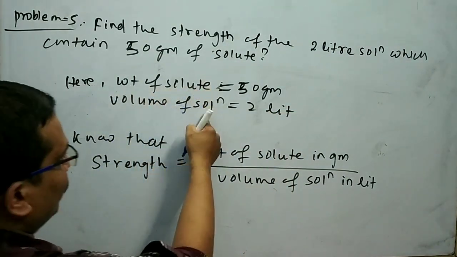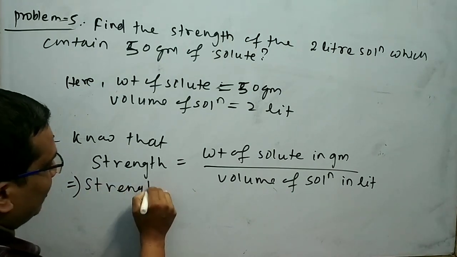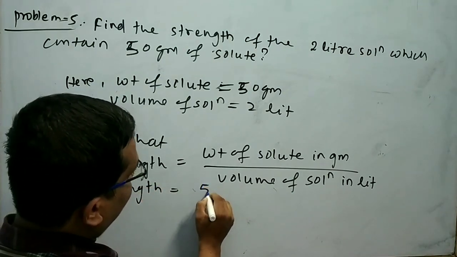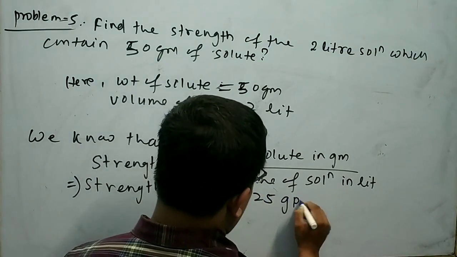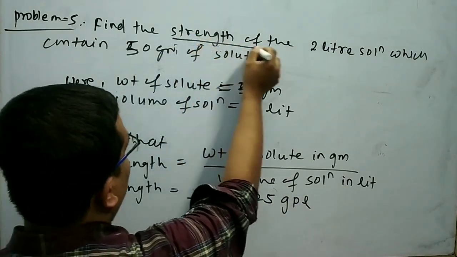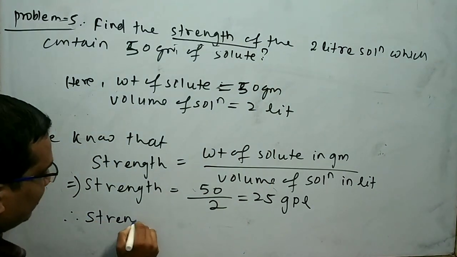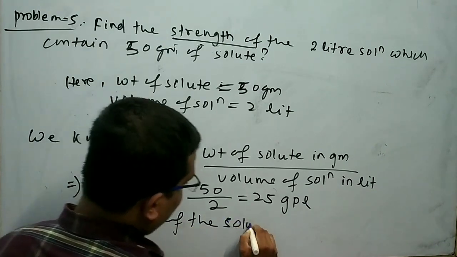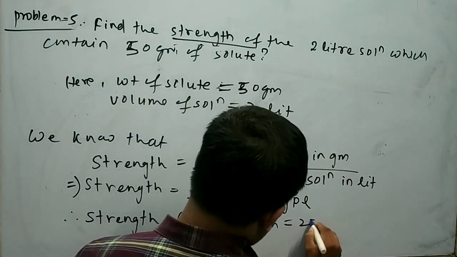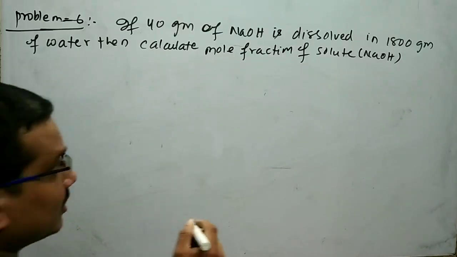Now put these two values here, then I can write strength equals 50 by 2, that is 25 GPL. Our aim is to find out the strength of the solution, so we can write strength of the solution equals 25 GPL. Now I will solve problem number 6.